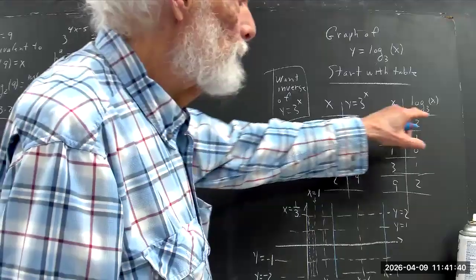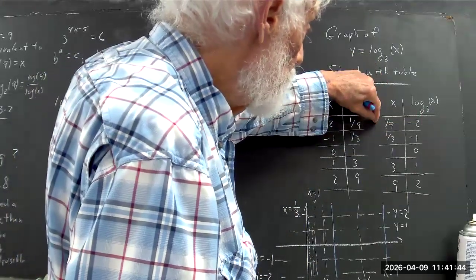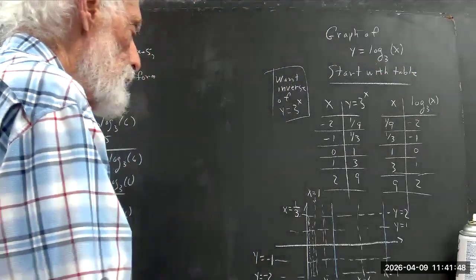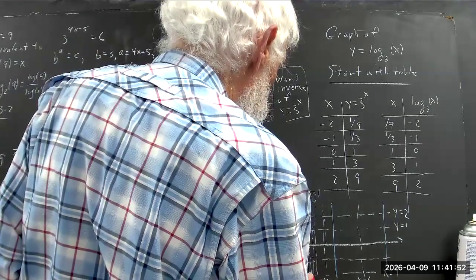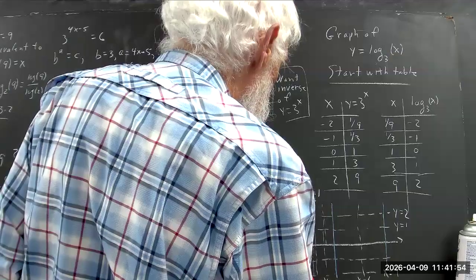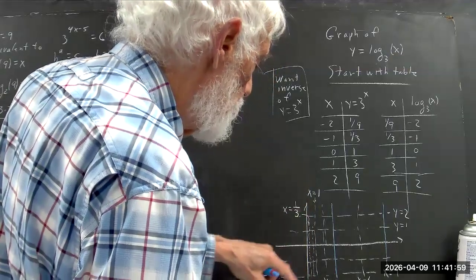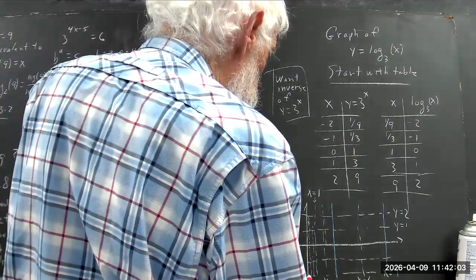All right, so we're going to go ahead and plot these points. And the first point we're going to plot uses x equals 1/9 and y equals -2. We don't have the x equals 1/9 line, but I'm going to go ahead and make a couple of little marks down here between the x equals 1/3 line and the y-axis to divide the thing into 2.